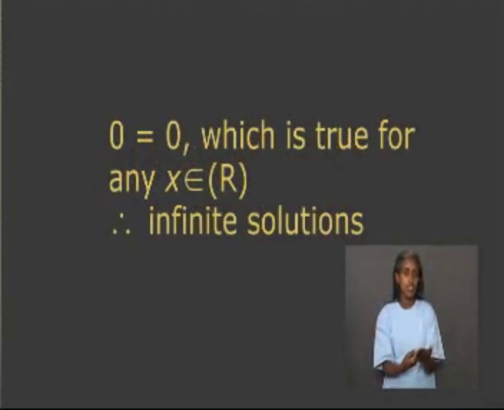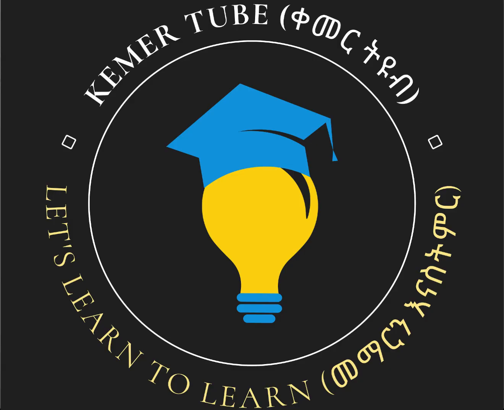There are infinite solutions to this equation for any value of x where x is a real number. 0 will equal 0. Such equations can have one solution, infinite solutions, or no solutions.